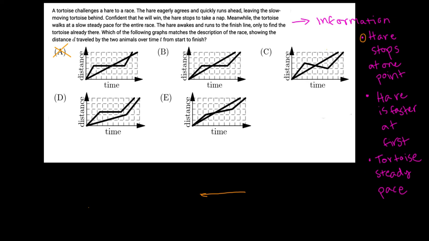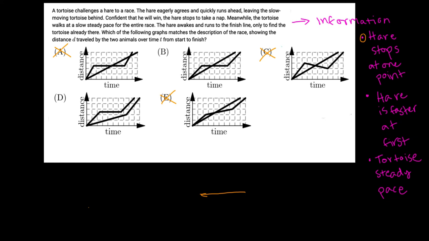For C, it does not show the hare stopping, so that is also out. In D, the hare does stop at one point, so that keeps D in. In E, the hare does not stop either.